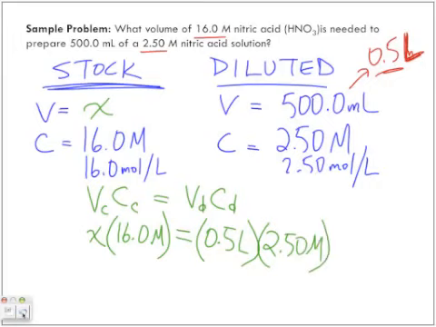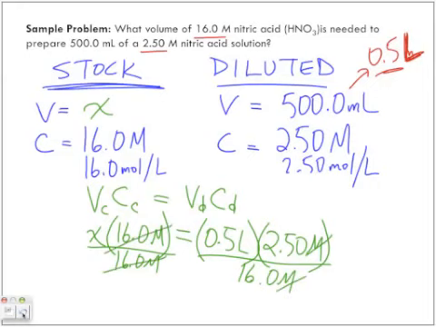The step here to get rid of 16 moles per liter is to divide both sides by 16.0 moles per liter, and we're just left with our unknown. So our X is equal to 0.7812, and the volume would be in liters.